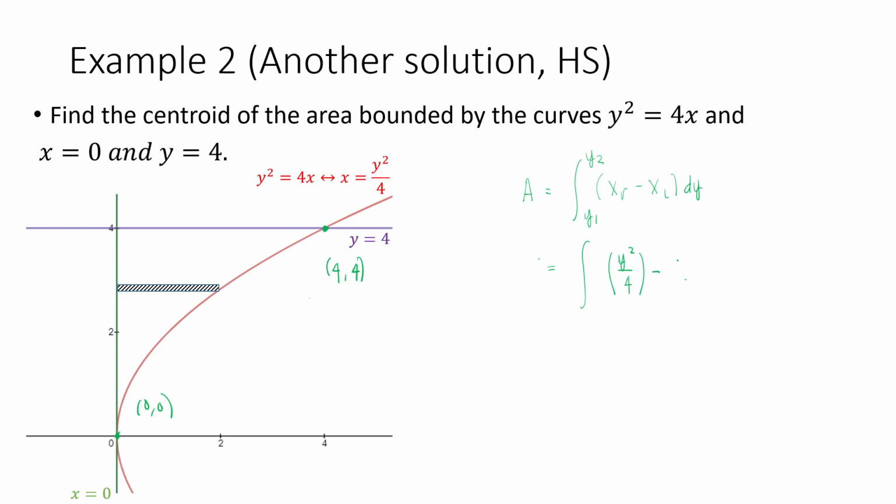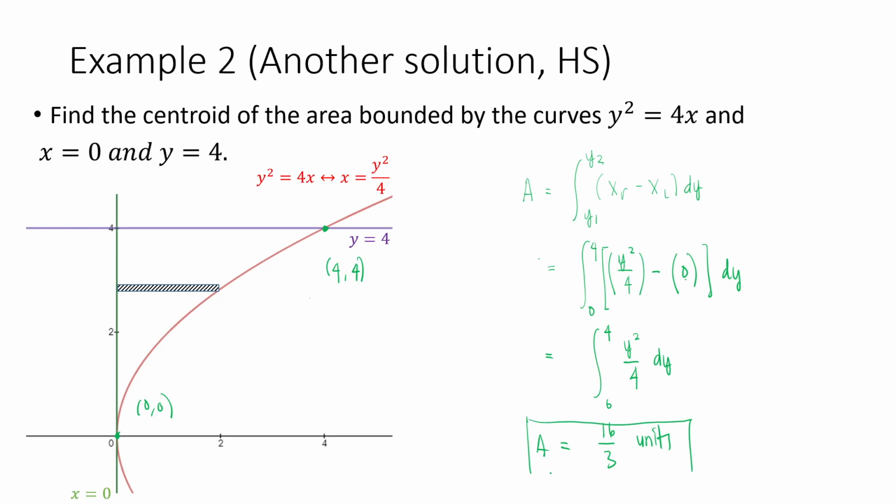And then minus 0. So notice it's minus 0 on the left part. So it's super easy to integrate, right? From 0 to 4, y squared over 4 dy. I think you can integrate this one manually if you don't use the calculator. So 16 over 3 units.